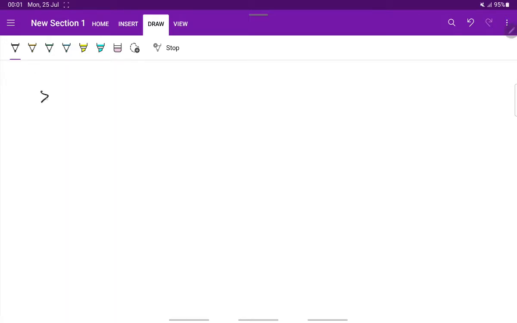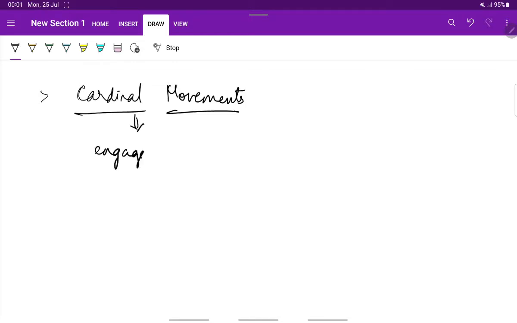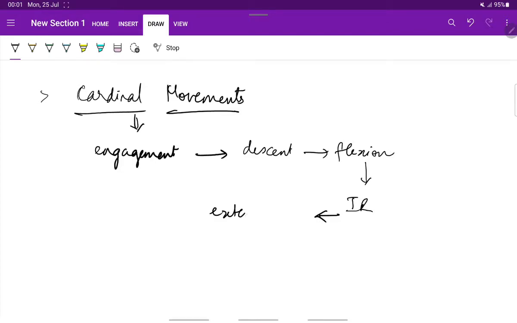Now coming to the cardinal movements of labor. The cardinal movements in the order include engagement of the presenting part, then descent, followed by flexion, followed by internal rotation, then extension, restitution.